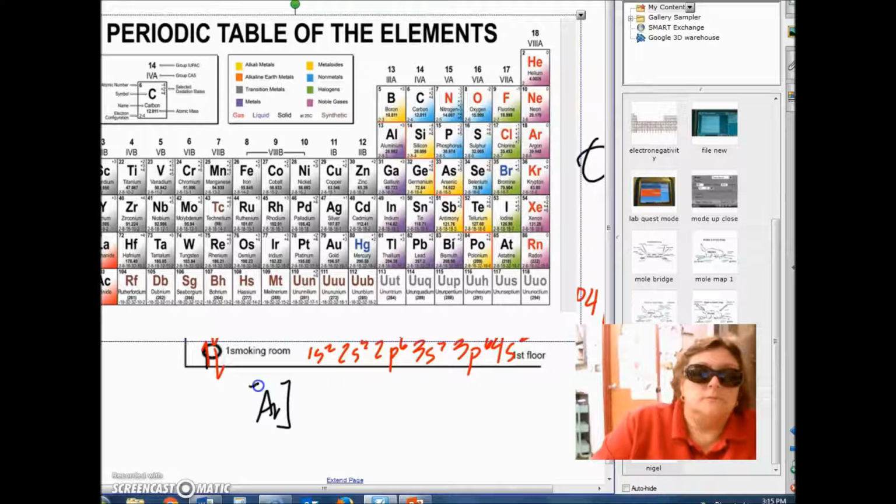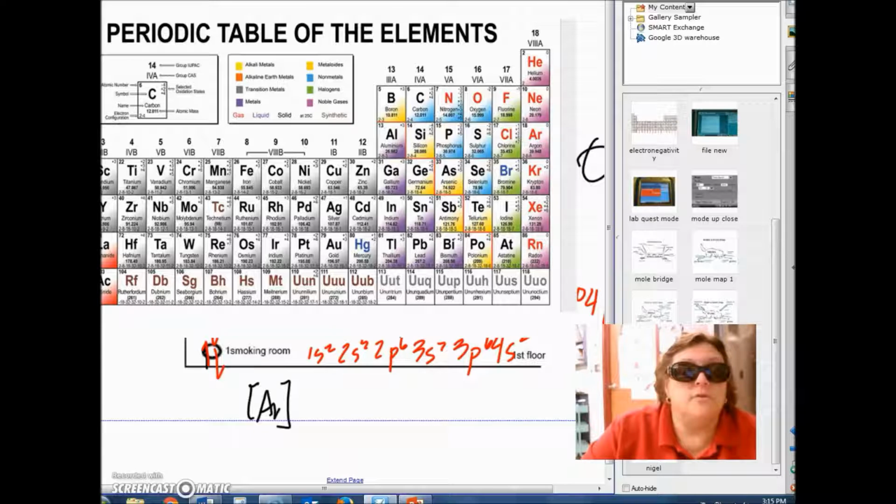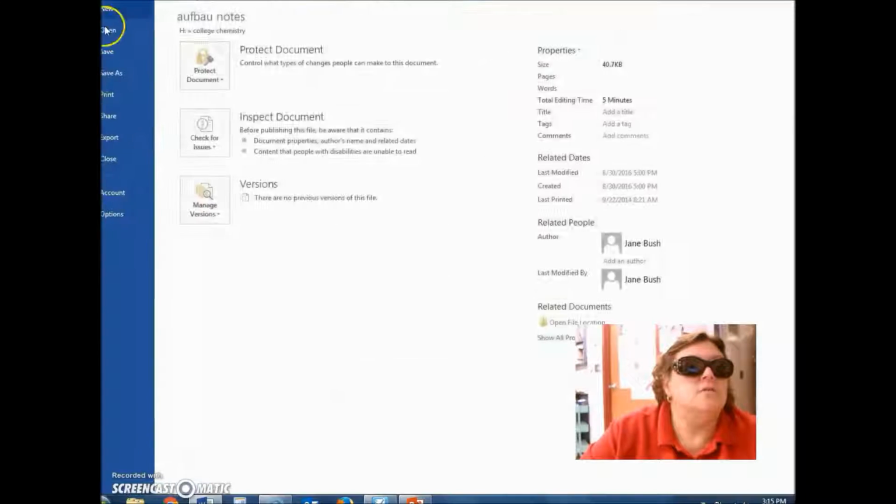Argon. So let me show you how this works. Let's actually do an electron configuration for argon. We'll just use our sheet here.